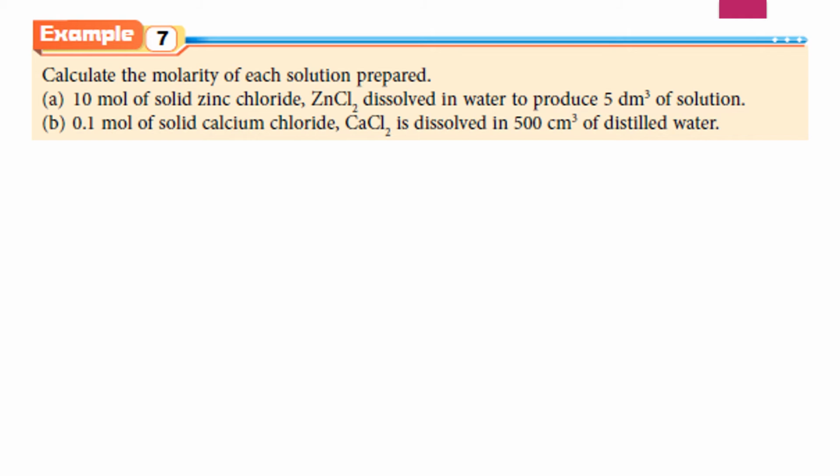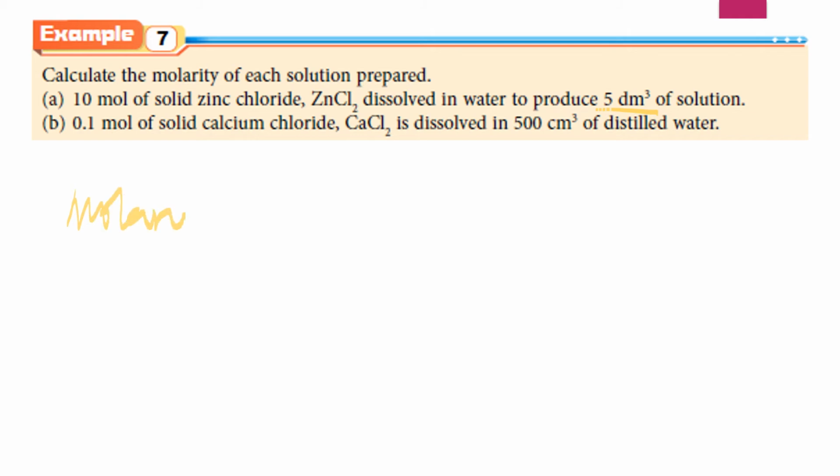Okay, next, calculate the molarity of each solution prepared. The first one, the number of mole given here is 10. 10 mole of solid zinc chloride dissolved in water to produce 5 decimeter cube of solution. So concentration now is in molarity.